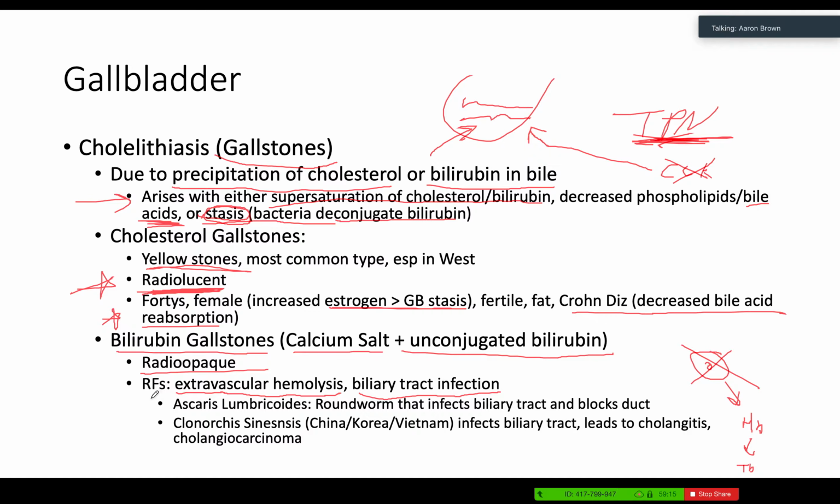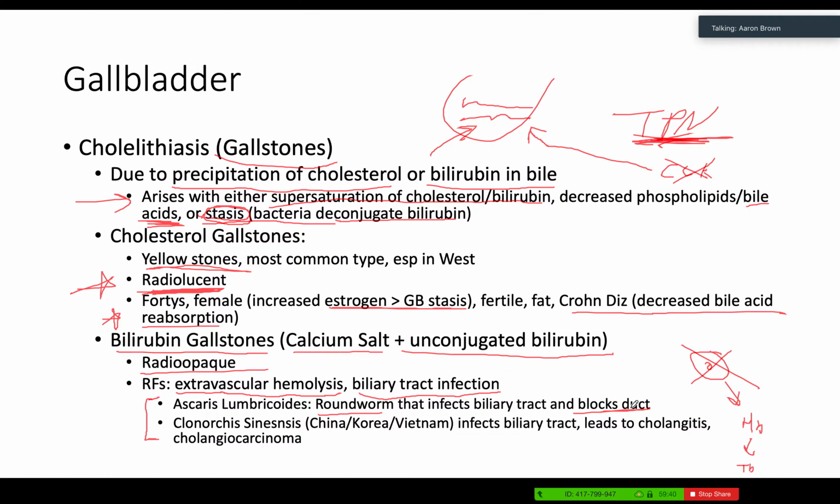There's also these more rare conditions that I have seen come up in questions. Ascaris lumbricoides is a roundworm that is going to infect the biliary tract and actually block that duct. Typically when you have an infection with Ascaris, you end up with just a ball of worms.